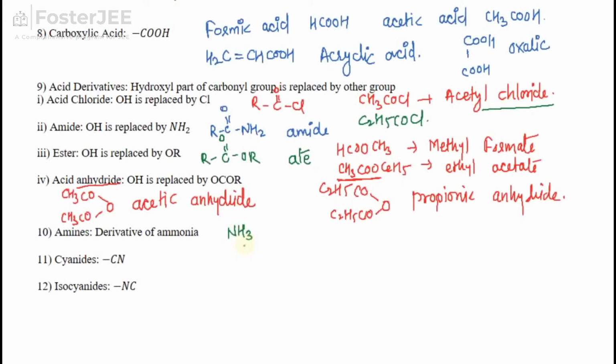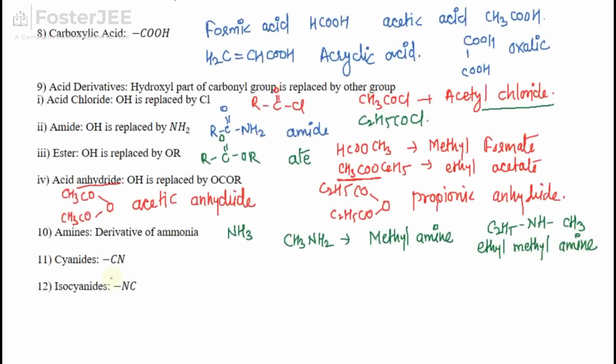So if one hydrogen atom is replaced by an alkyl group, for example CH3, the compound is CH3NH2, and the name will be methylamine. If two hydrogens are replaced by alkyl groups, for example C2H5NHCH3, the name of the compound will be ethyl methyl amine.